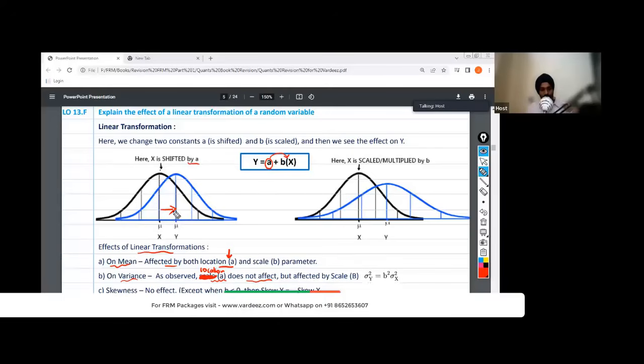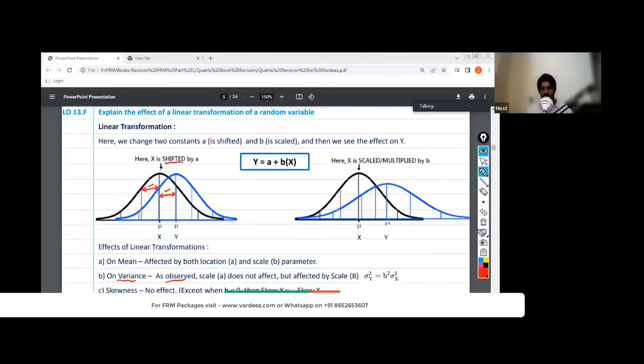As you can see, with the location shift, the variance is pretty much the same. How do you measure the variance? If this is the earlier variance and this blue one is the new variance, don't you think this and this are both the same? Yes, it is the same. So when you shift x by a, the variance is not affected at all.